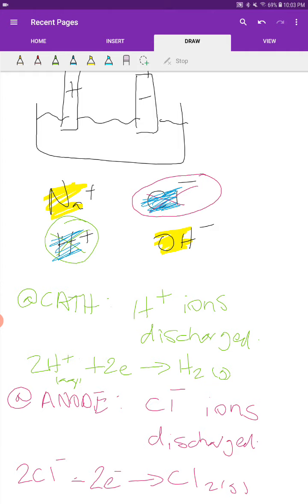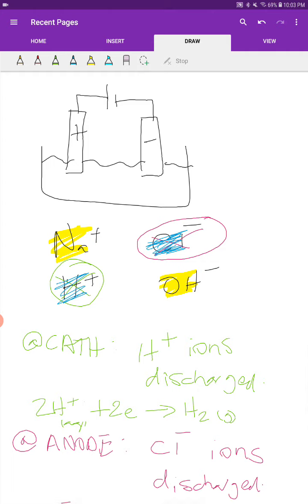Hydrogen can be used as a fuel. Chlorine is used in the manufacture of cleaning agents, and sodium hydroxide is used in a wide variety of things, making soaps and shampoos, making hair treatments, wide variety of chemicals, compounds.